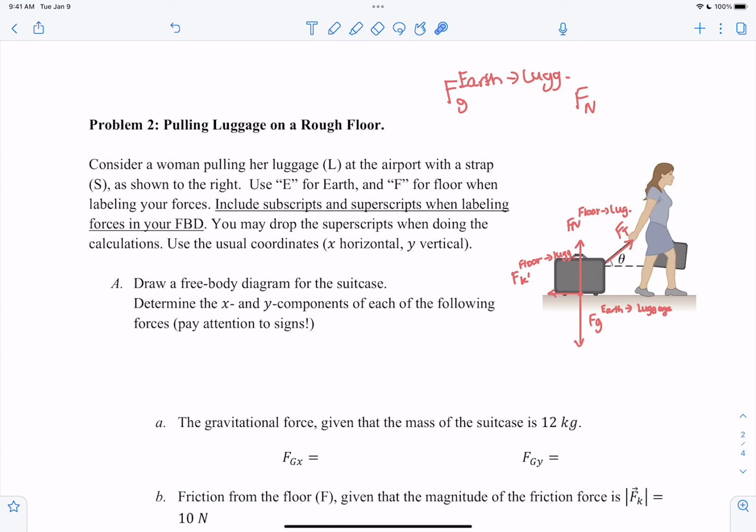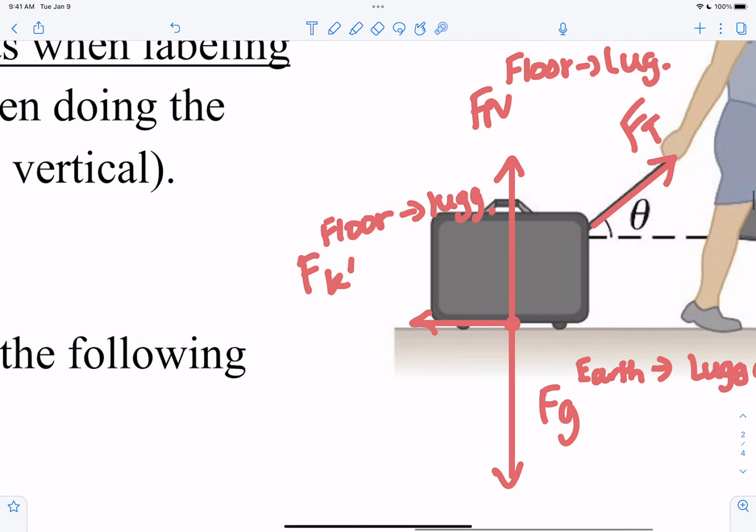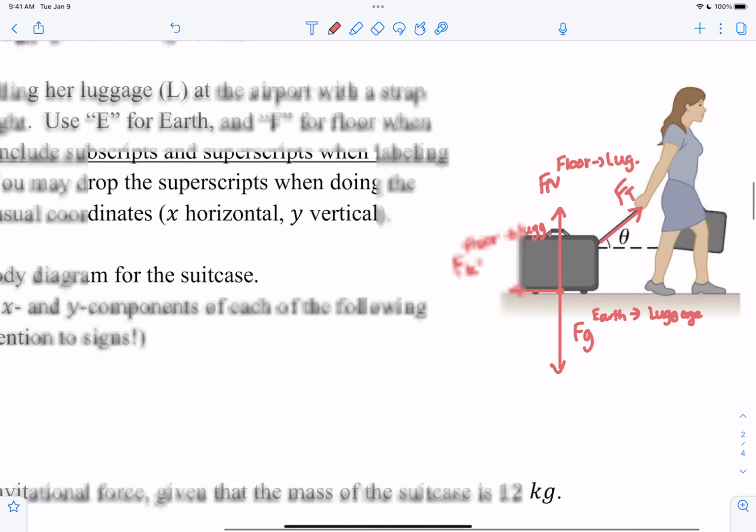Did they say it was a rough surface? I can't remember. Yeah, rough floor there. So rough floor, so you have kinetic friction. The floor is exerting some kind of friction force on the luggage itself. Now, that's going to be our superscript for kinetic friction.